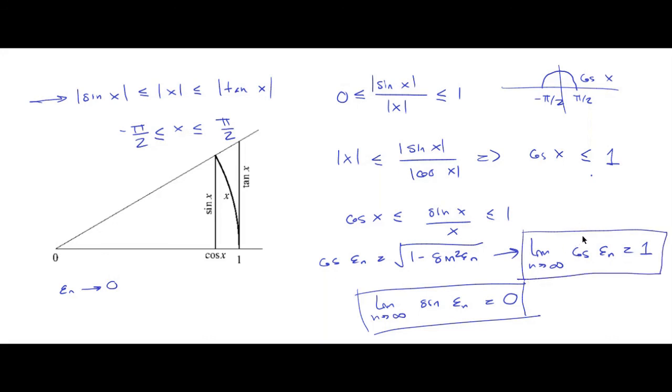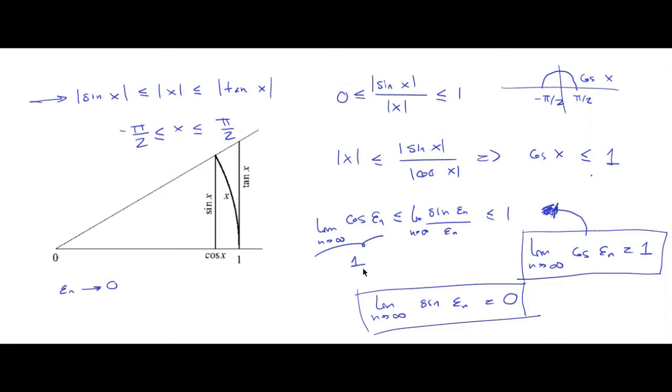Well, if we use this fact and go here, with this we are going to rewrite, instead of x, epsilon sub n. If we take limits here, the limit here is 1 and this limit is 1.